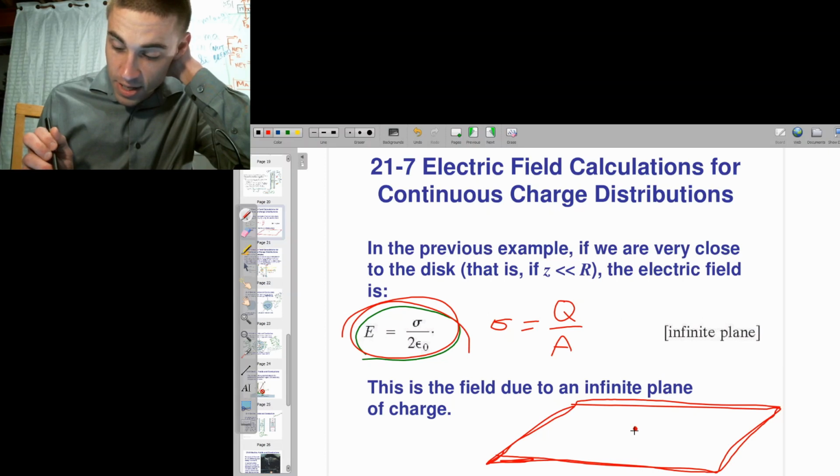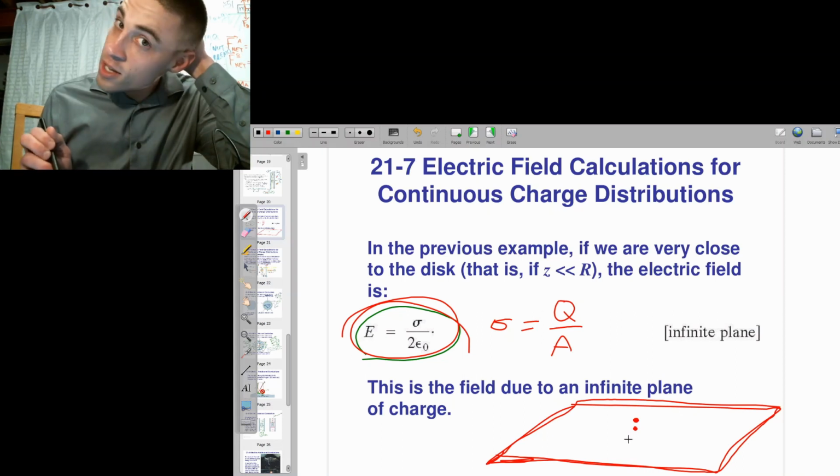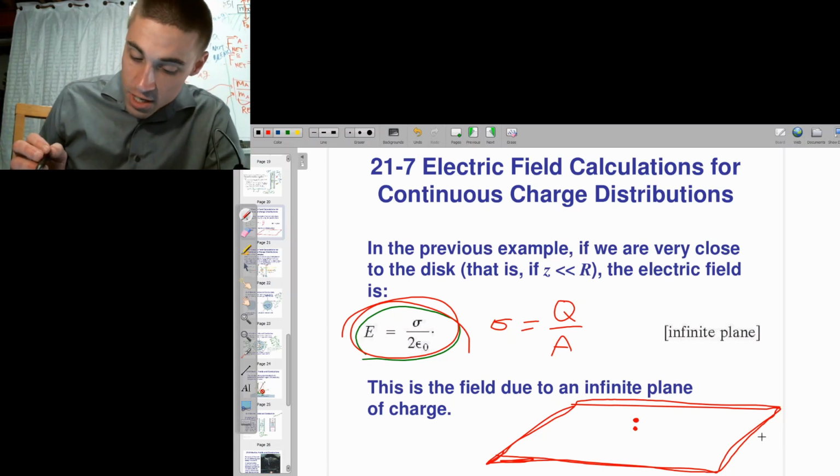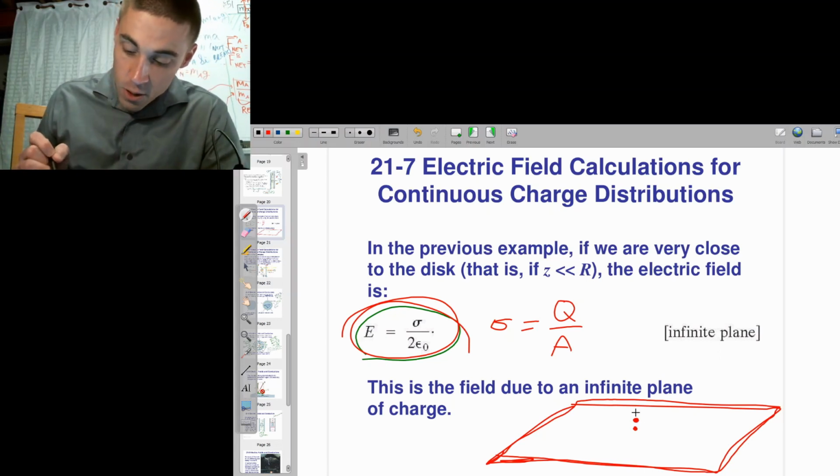So it's not like the electric field drops off if you move out here, right? So long as the infinite size approximation is good, the distance out that you go does not affect it, the electric field does not drop off with distance.